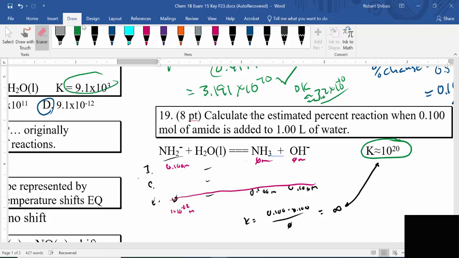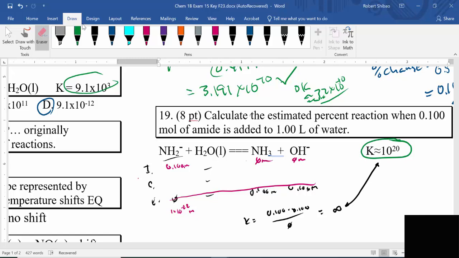So for the most part, this is all product, but there's going to be a little bit of reactant left over. And in Chem 1B, we want to know what that little bit of reactant left over is. What some people did is they remembered that strong bases hydrolyze water 100%.